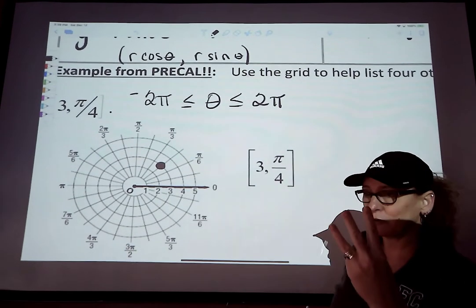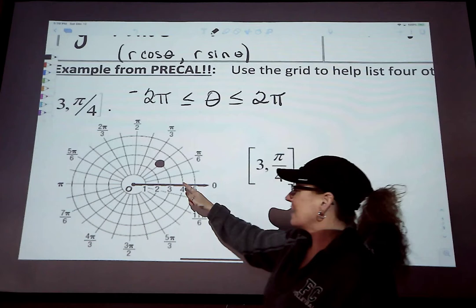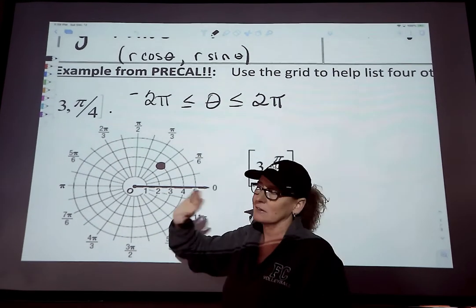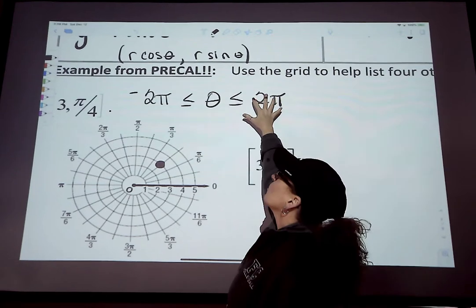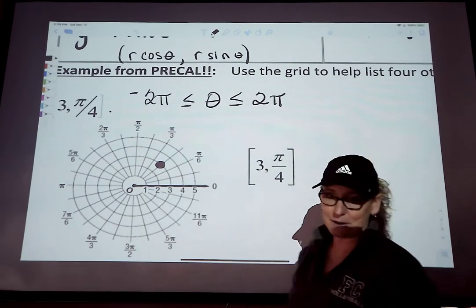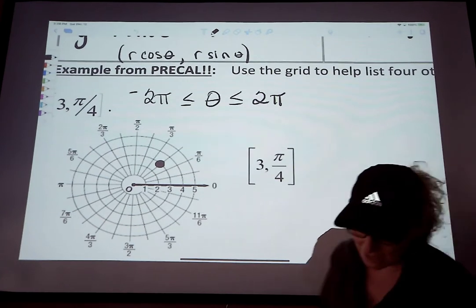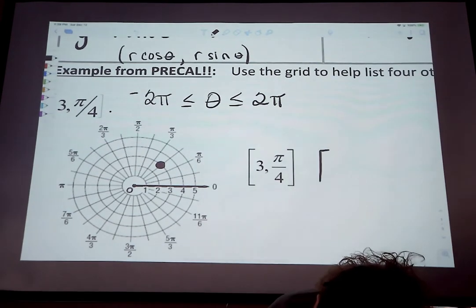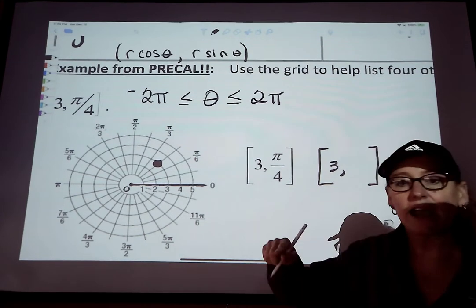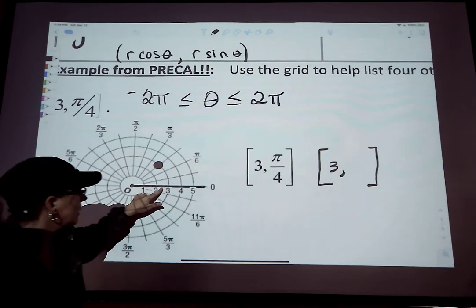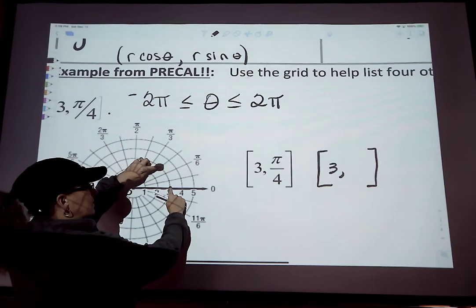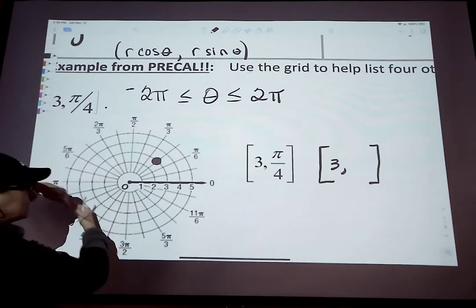Let's name it 3 other ways. Don't get super crazy and say, let's swing around and do 8 rotations and see what our angle is. Let's just do within 1 positive rotation and within 1 negative rotation, okay? So let's look at what if we keep r positive. Let's make our angle negative. How are we going to get from here to here using a negative angle of rotation?